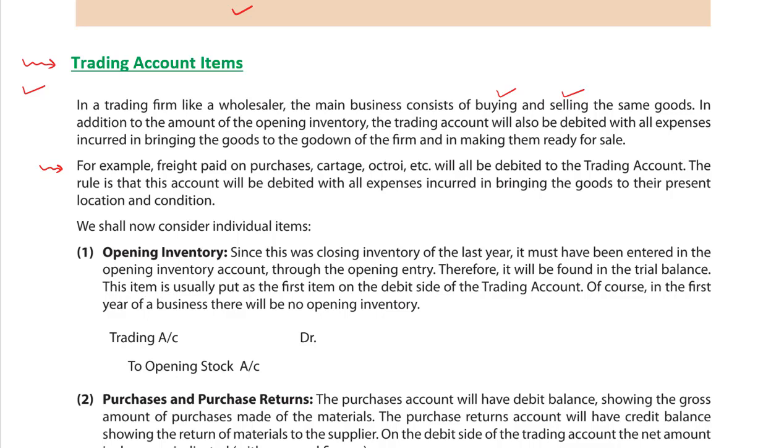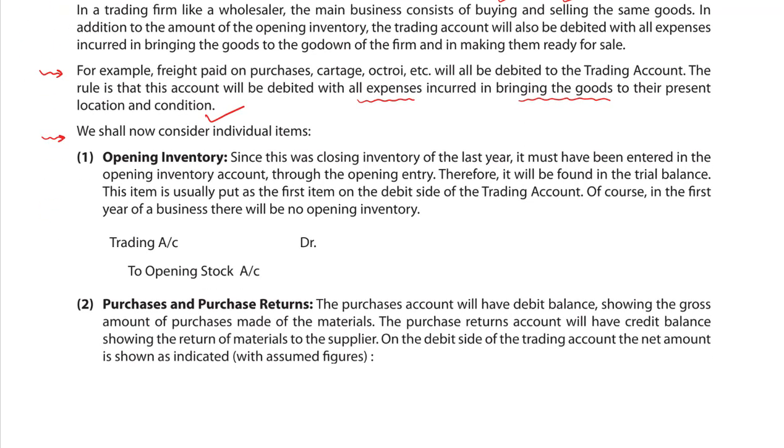For example, freight paid on purchases, cartage, octroi, etc. will also be debited on the trading account. The rule is that this account will be debited with all the expenses incurred in bringing the goods to their present location or condition. We shall now consider individual items.